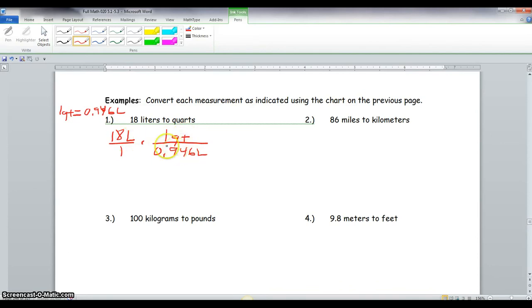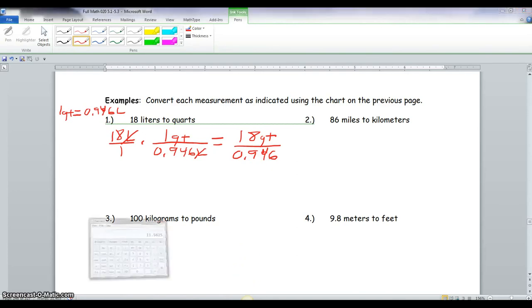So this is really being multiplied by 1. So these liters would simplify out, and we will have 18 times 1 quart will give you 18 quarts. And this will be all over 1 times 0.946 is 0.946. I do not know why this line keeps coming over this 4, but it's 0.946.